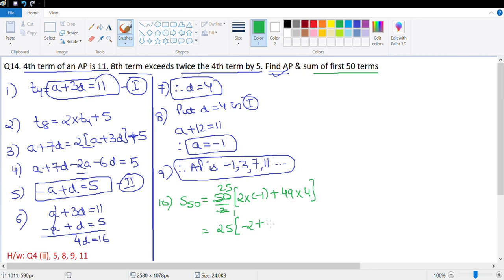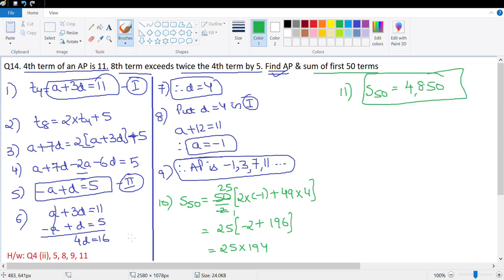So that's negative 2 plus 196, that's 194. So this is 25 times 194. I have done this calculation already. So the sum of 50 terms is equal to 25 times 194 and the value is 4850. Perfect. This is the sum of the 50 terms of this AP.